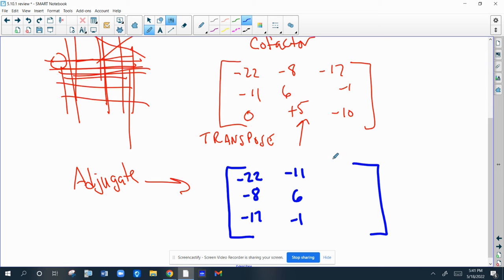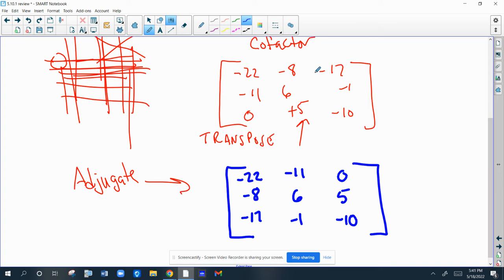And the third row becomes the third column of the transposed matrix. Anyhow, when you transpose this matrix, it becomes this.